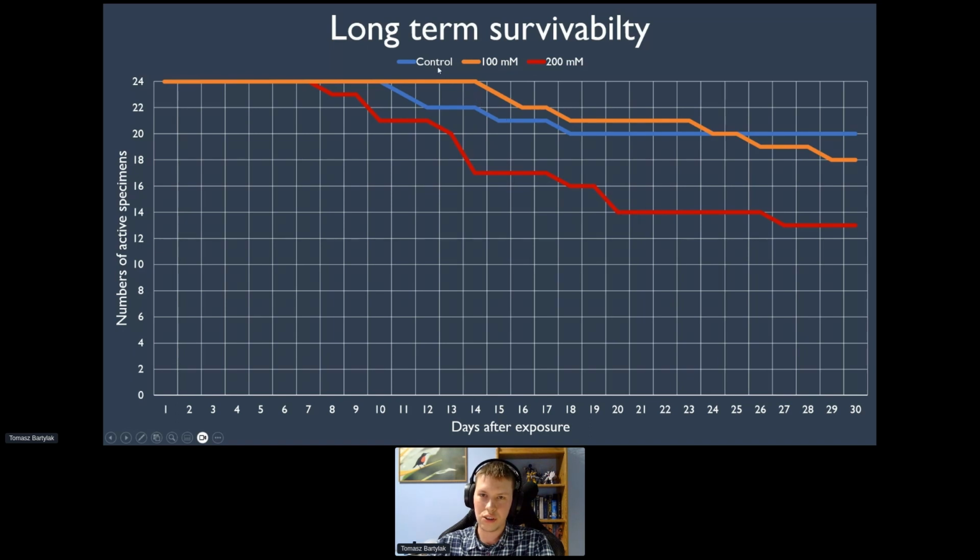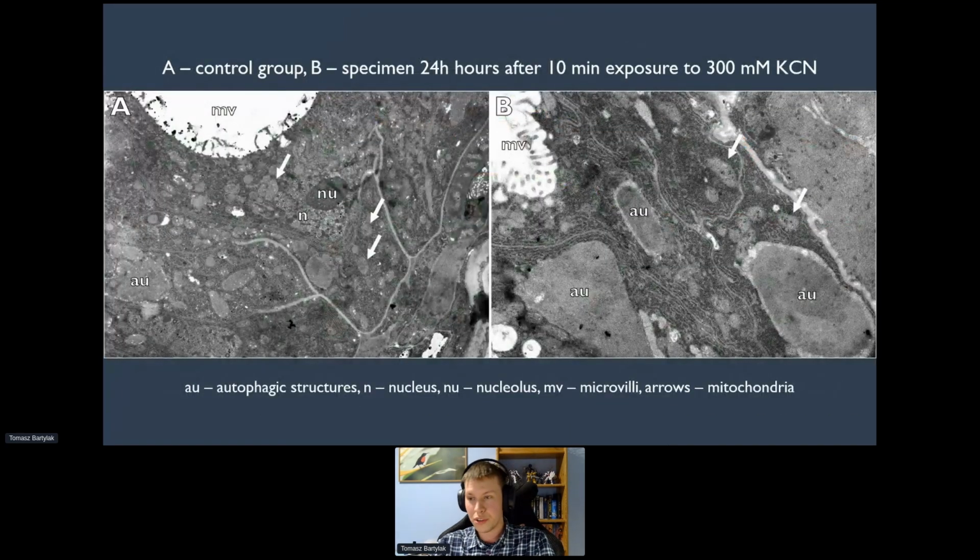While the control group and the lower concentration didn't seem much different from each other, with the higher concentration the animals started to die off faster and faster, and their fitness was, as a result, much worse. So this would suggest that there is some cost, that this ability is not as foolproof as it would seem at first glance.